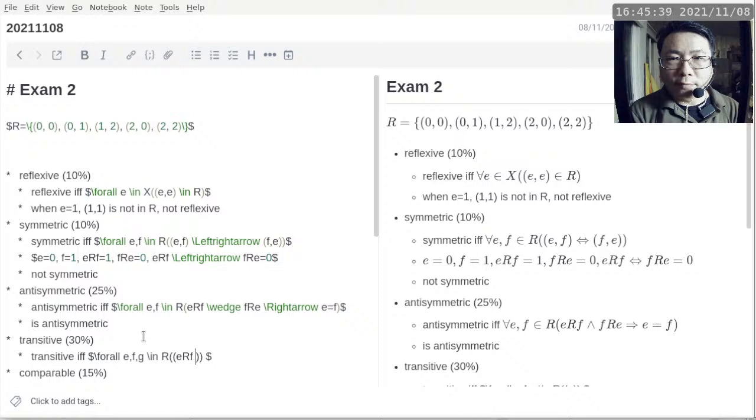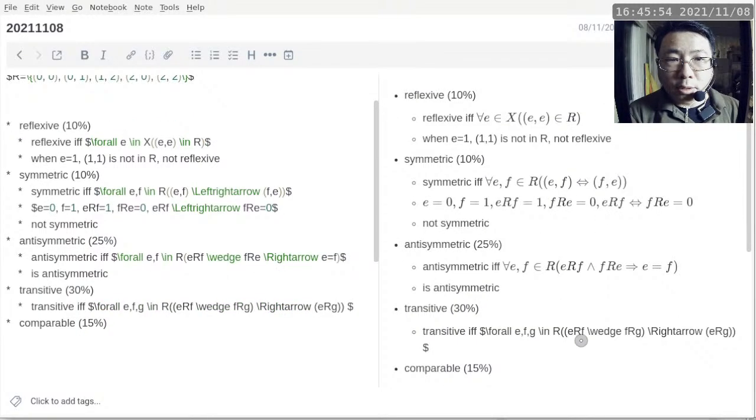So we have E R F and F R G, and that has to imply E R G.